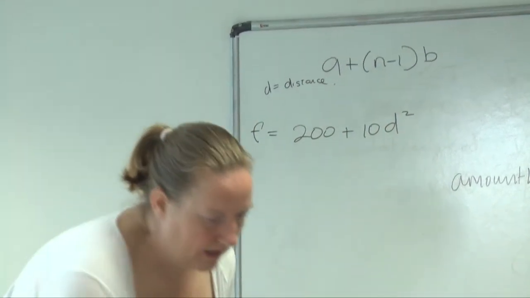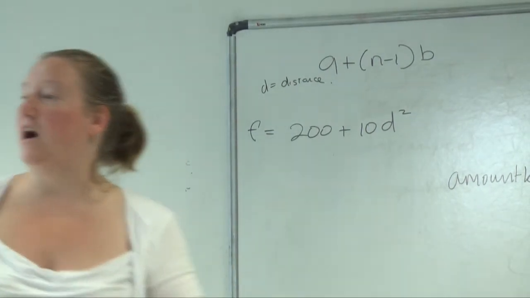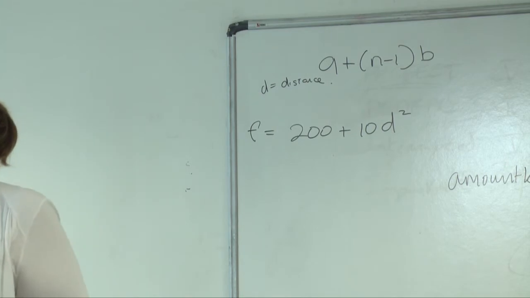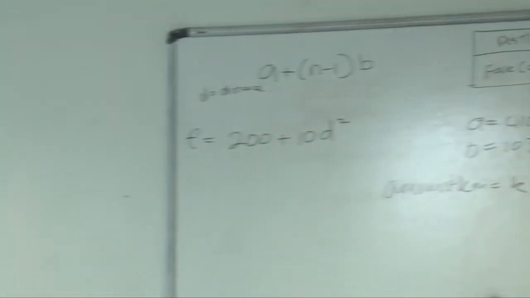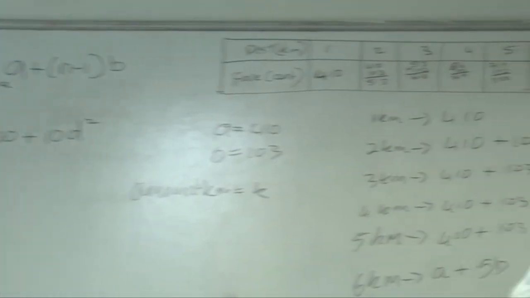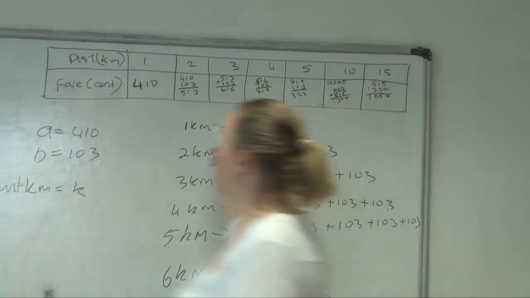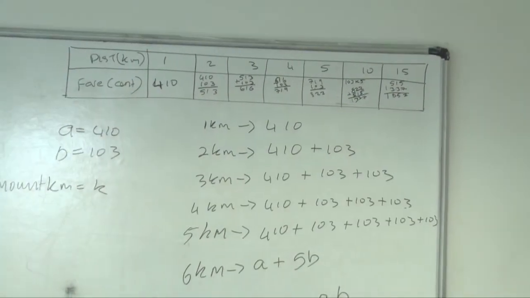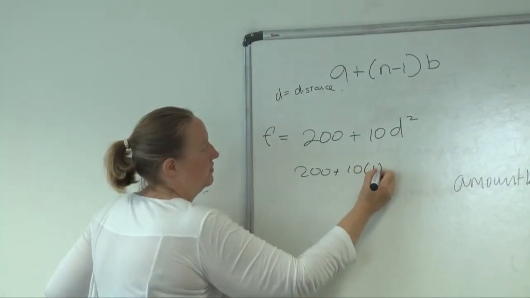Now, how would the fares worked out on this rate compare to the fares on the old rate? Well, what you do is pick a couple of them. You know up to 15, so you can work them out using that up to 15. So for 1, it would be 200 plus 10 by 1 squared.